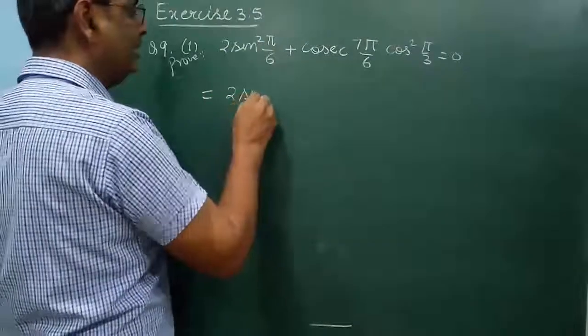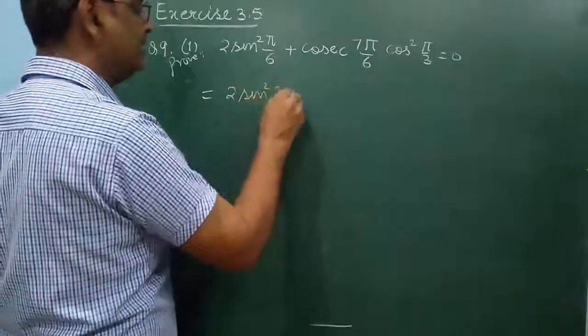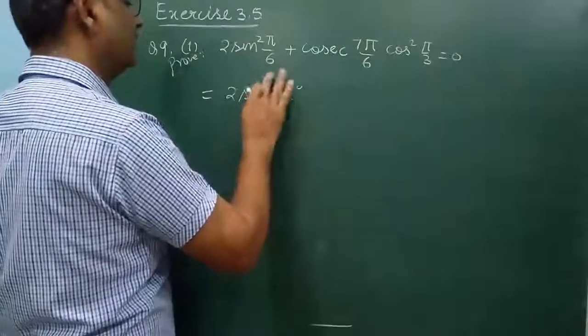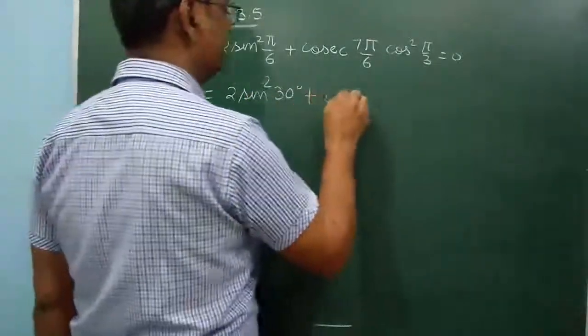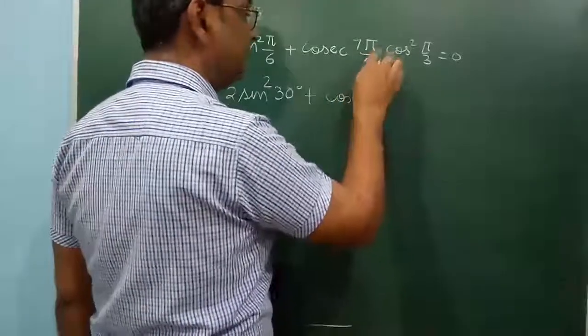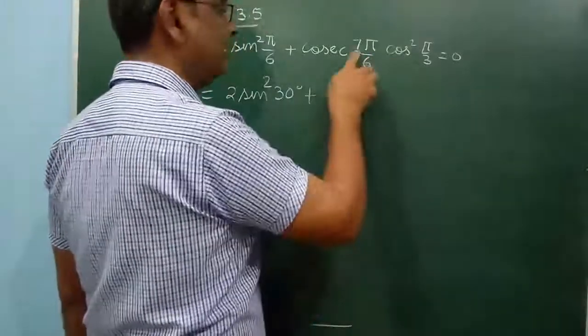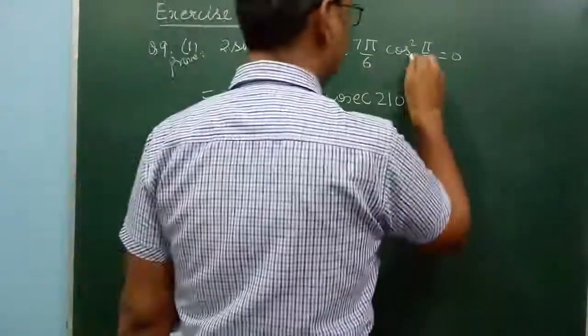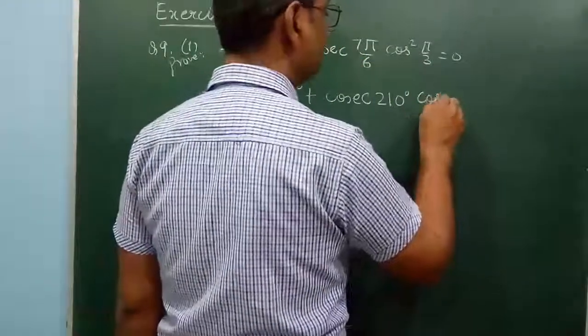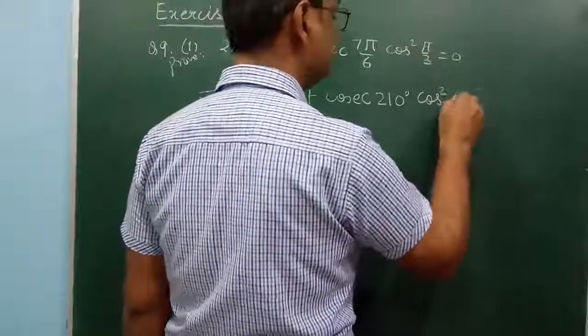2 sin square pi by 6 means 30 degree plus cosec, pi by 6 means 30 and into 7, 210 degree. Here cos square, so cos square pi by 3 means 60 degree.